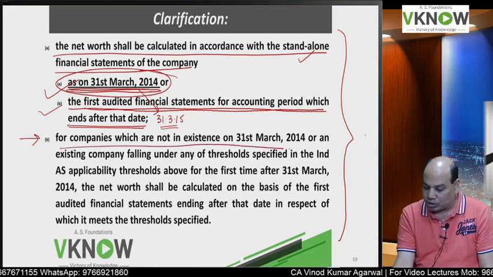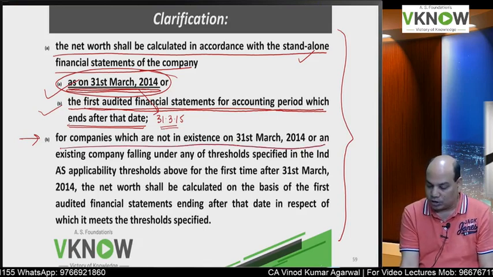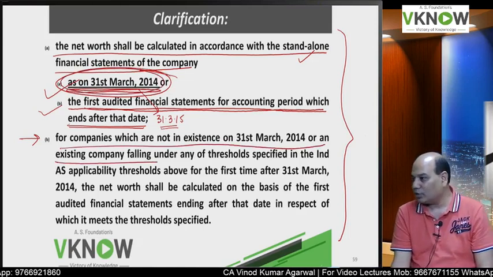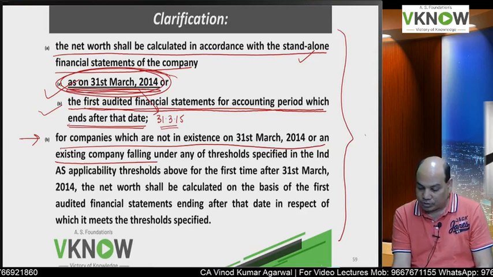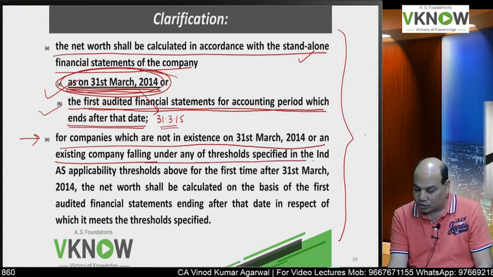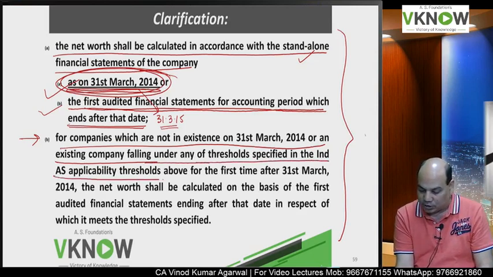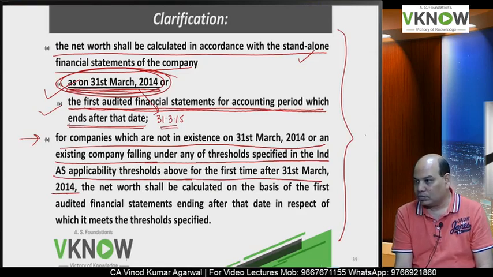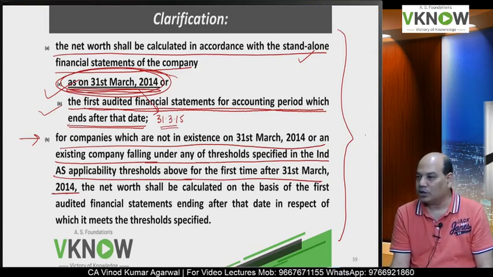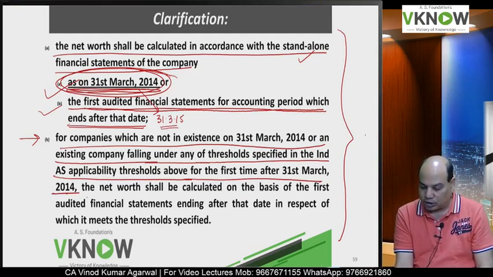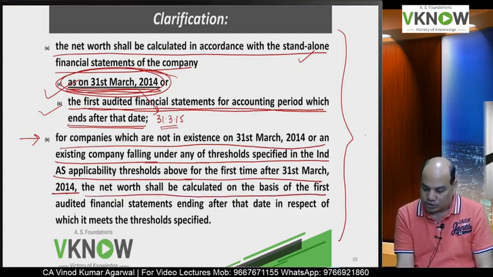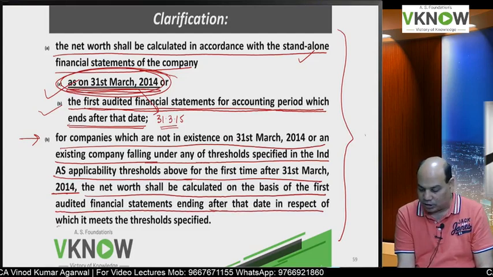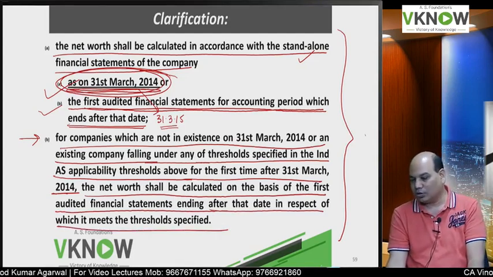For companies which are not in existence on 31st March 14, or an existing company which was not fulfilling the threshold of net worth on this date, and meets any of the Ind AS applicability thresholds above for the first time after 31st March 14, the net worth shall be calculated on the basis of the first audited financial statement ending after that date in respect of which it meets the threshold specified.